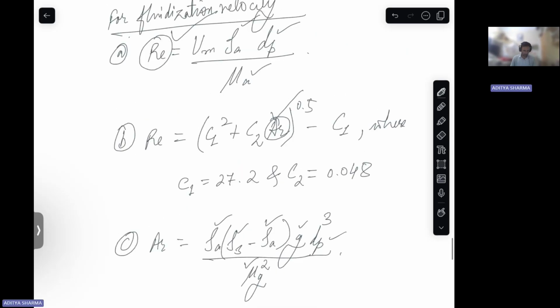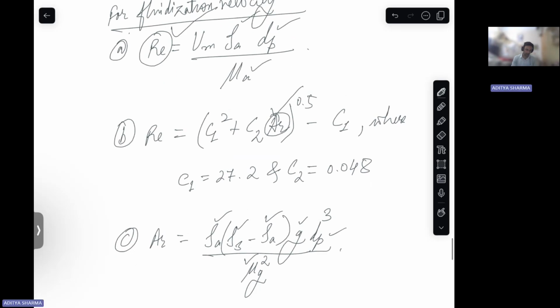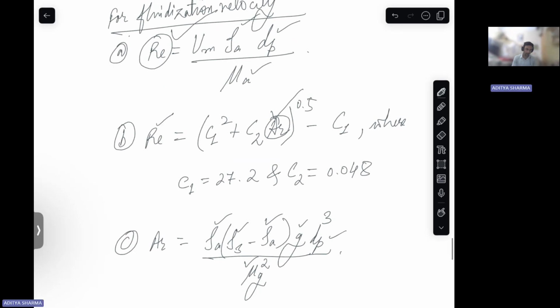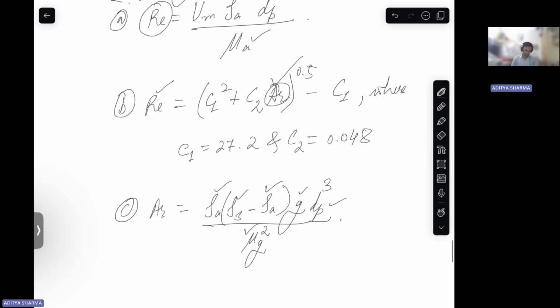So if we have Ar, we can calculate Re, the Reynolds number, and if we have the Reynolds number, we can calculate the fluidization velocity. So let's see this then.